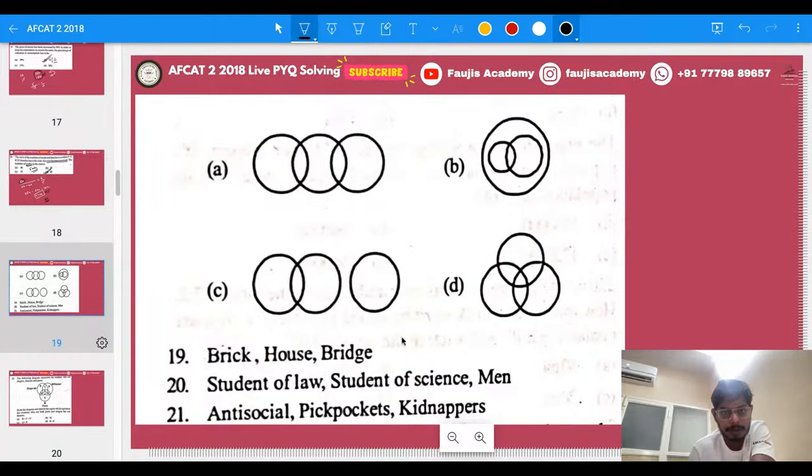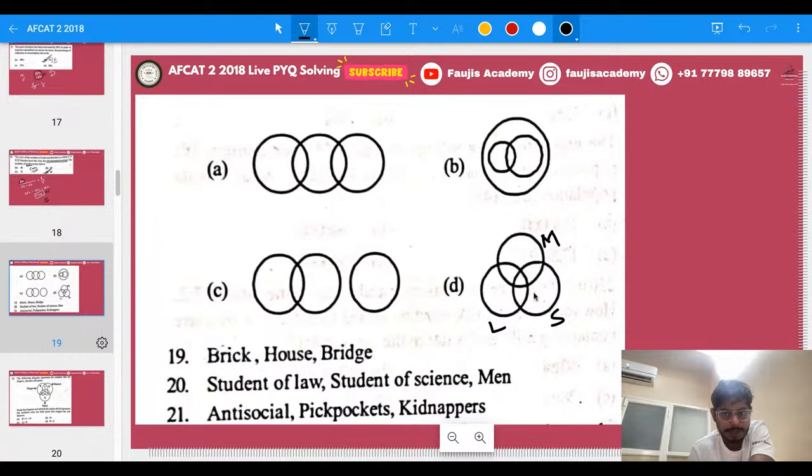How about question number 20? Student of law, student of science, and men. Why do you think 20 is all men? Why not this one? Men, student of law, student of science.